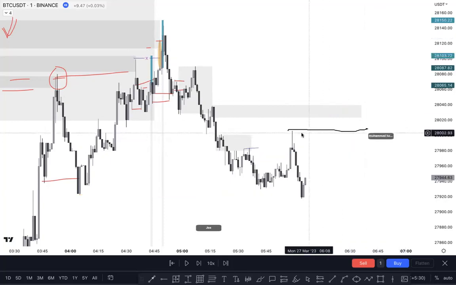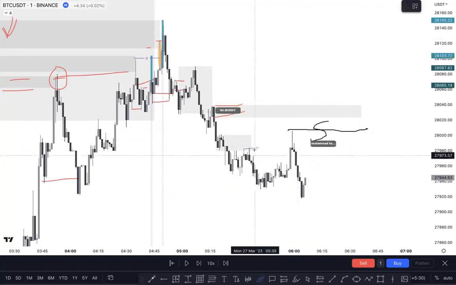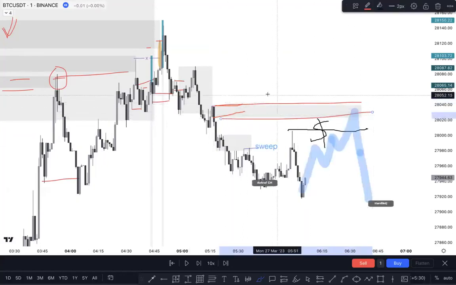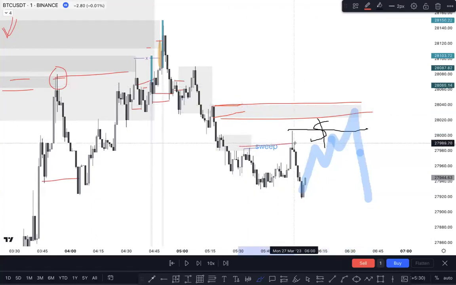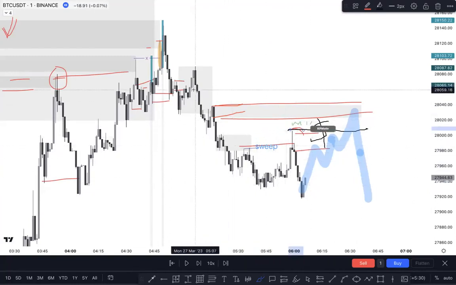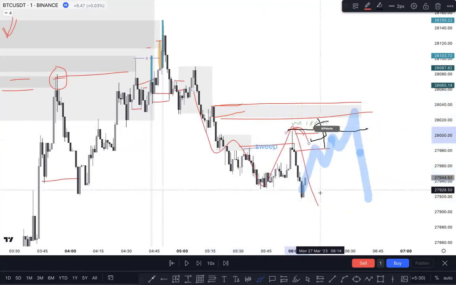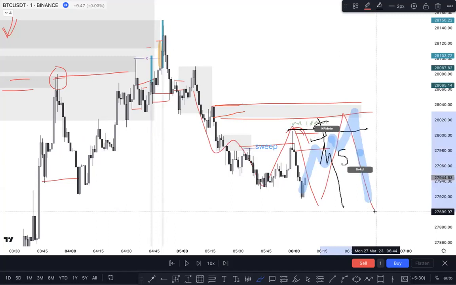This one is a 50-50% probability. Why? Because just above it, the unmitigated order block is here. If everything above it is mitigated here, and the market sweeps this high, so we can take this sell here, right? And this high acts like an inducement because as per the structure, this is still an inducement, right? Like this, and this is a single leg move. This high acts like an inducement, continues to go higher and then sell.